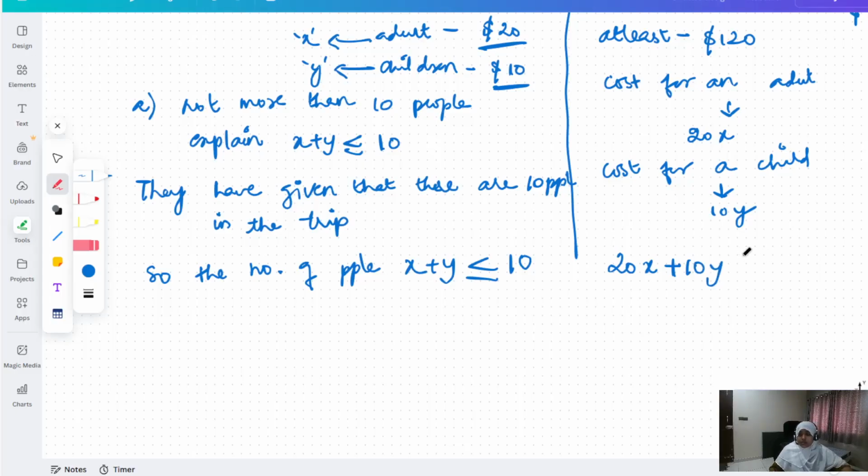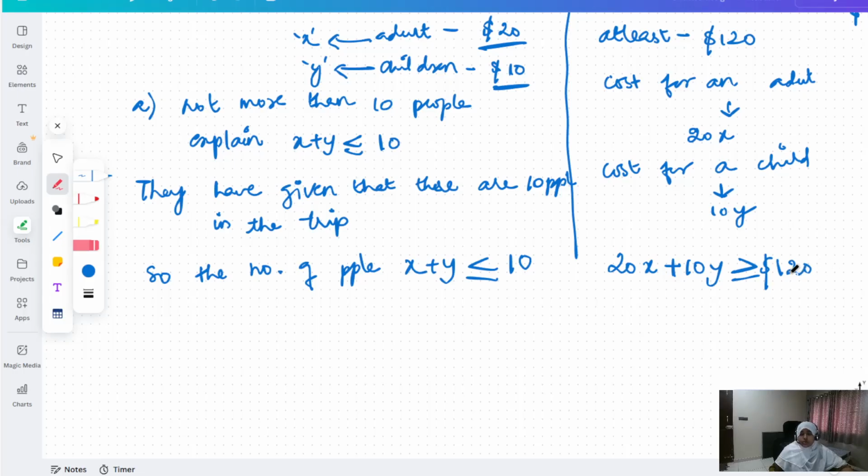It should be at least $120, so it can be any value more than 120, but at least 120. Means we can formulate 20x plus 10y is greater than or equal to $120.